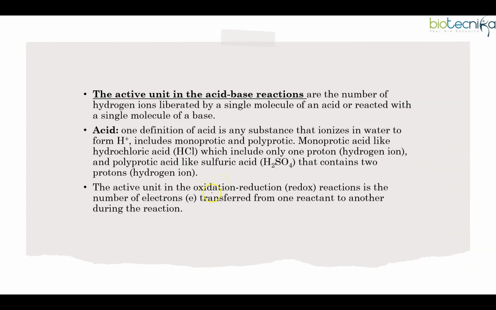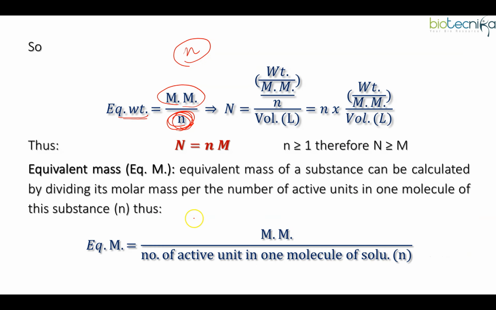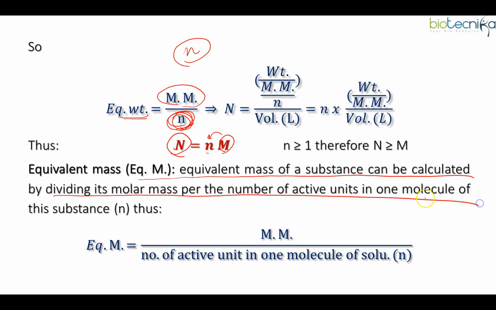In an oxidation reduction reaction, the active unit is the number of electrons transferred from one reactant to another during the reaction. Okay, so this is how, as I said, normality will be equal to molarity into the number of active units. So equivalent mass can be calculated by dividing the molecular mass by the number of active units in one molecule of the substance.